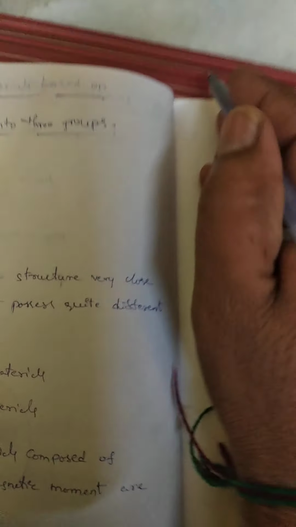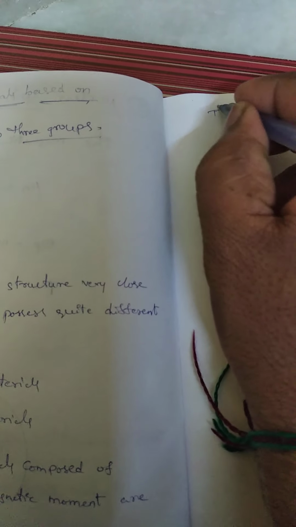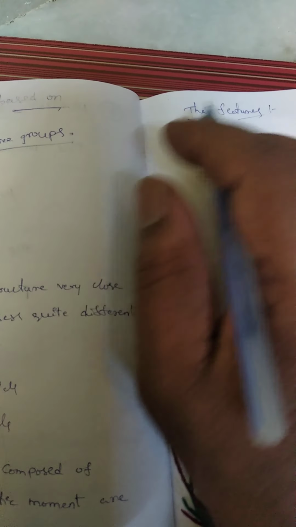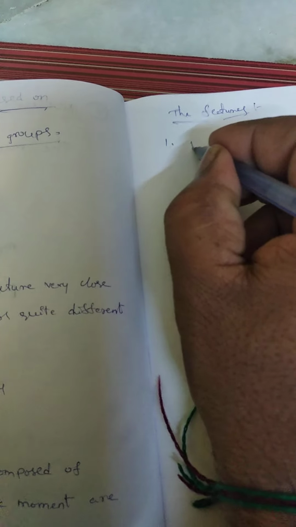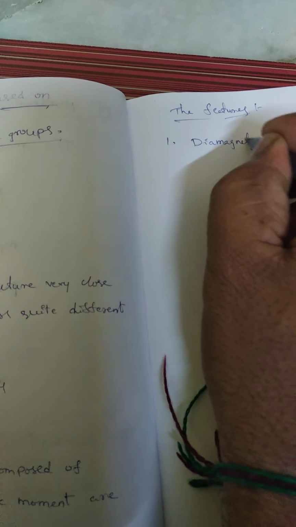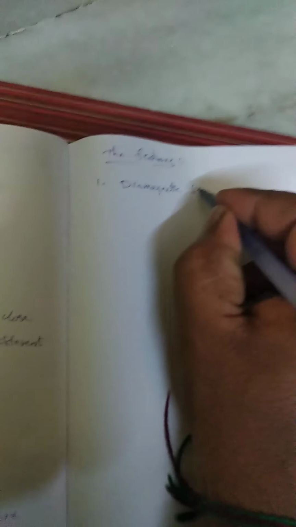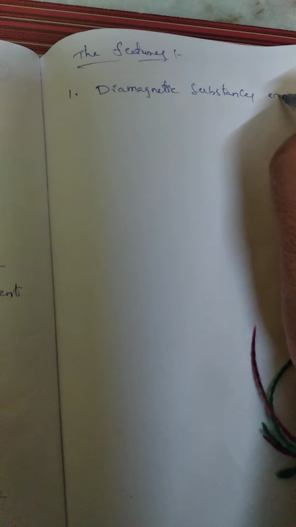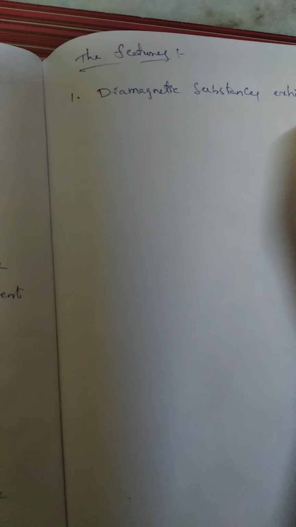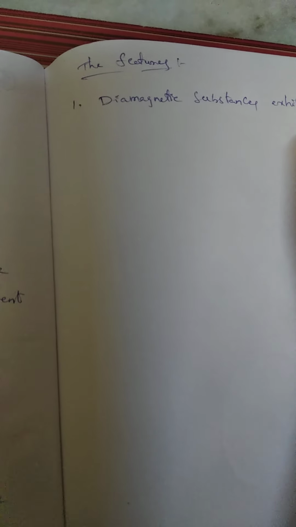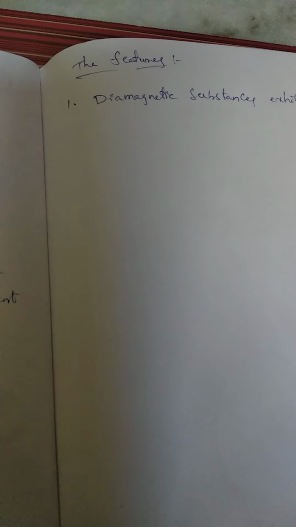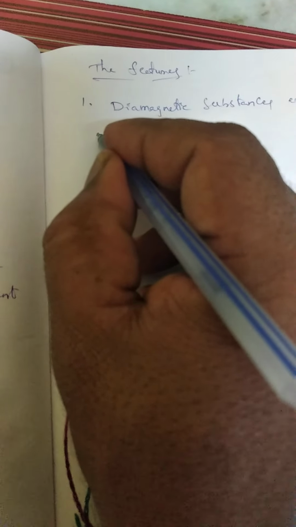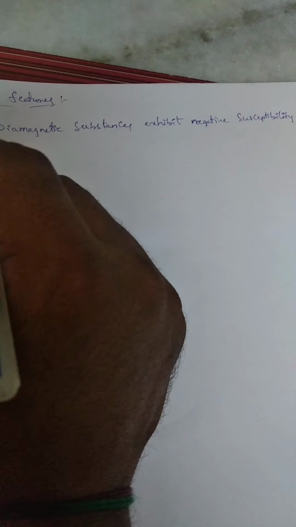Features of diamagnetic substances: they exhibit a negative susceptibility.